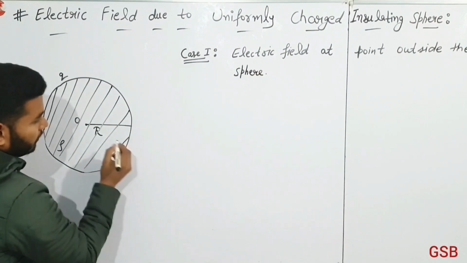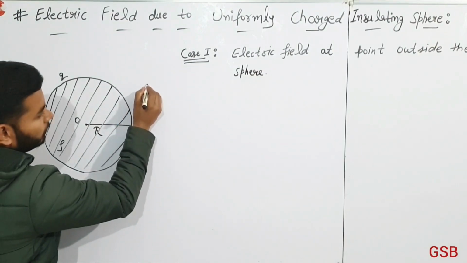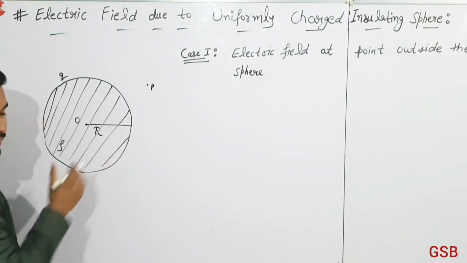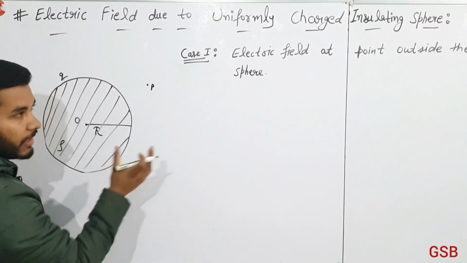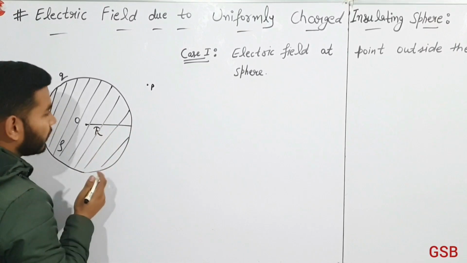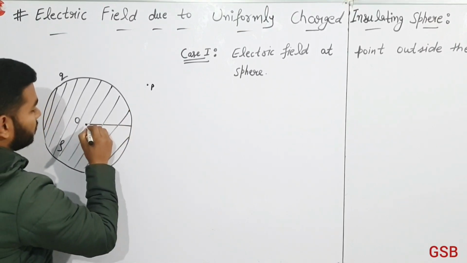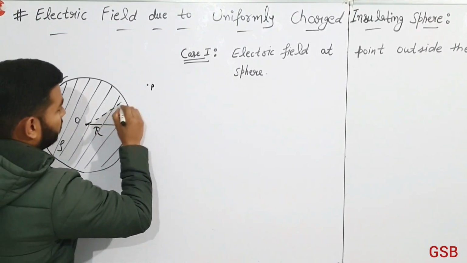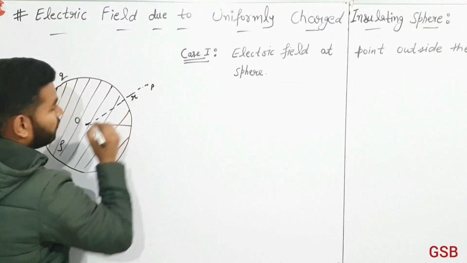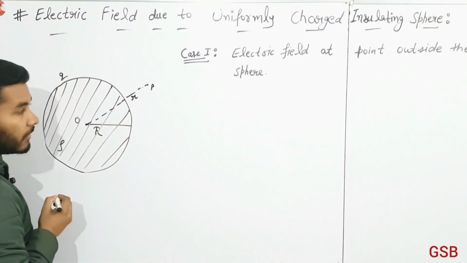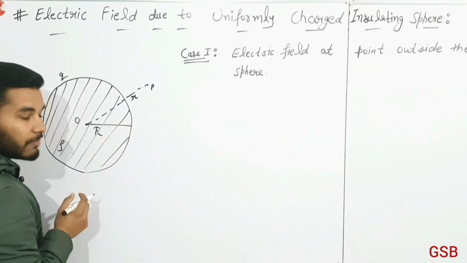This point will be P outside the sphere, and the distance from the center of the given insulating sphere to the point P is small r. This is the distance from the center of the given insulating sphere to point P.